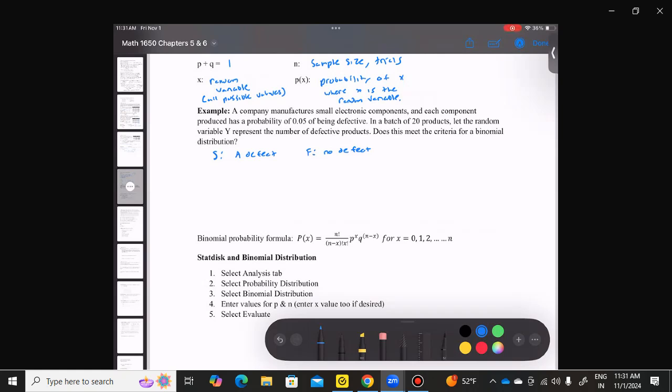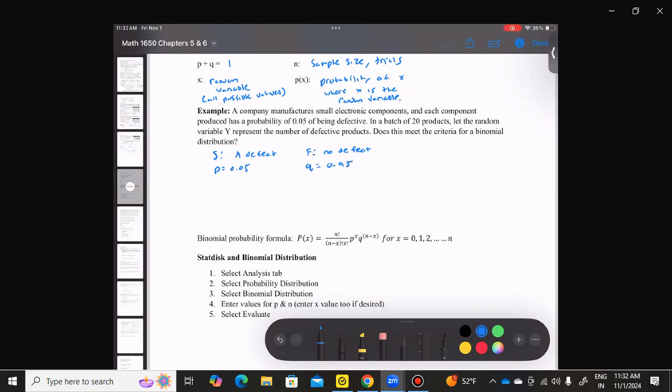Otherwise, your random variable will be representing the number of products without a defect. And for a component having a probability of 0.05 for a defect, that means P is equal to 0.05, which means Q is equal to 0.95.